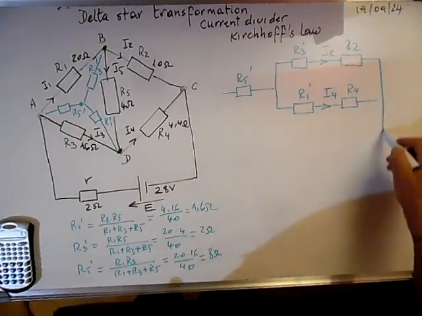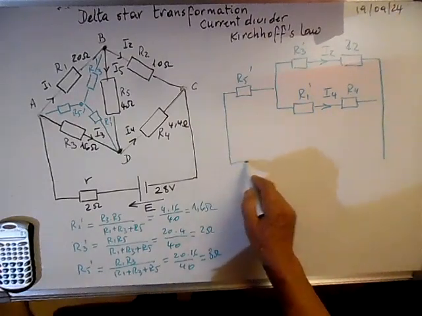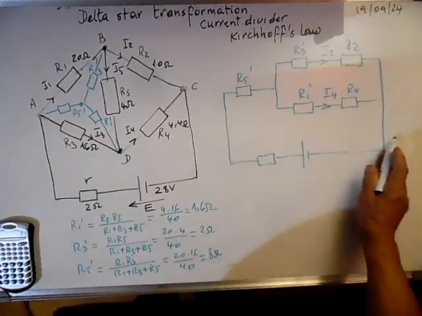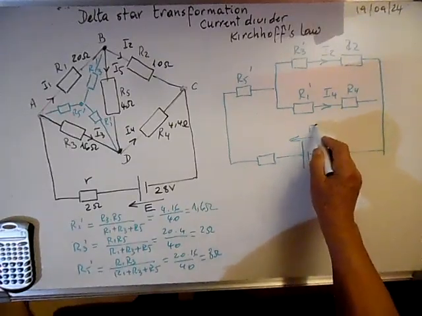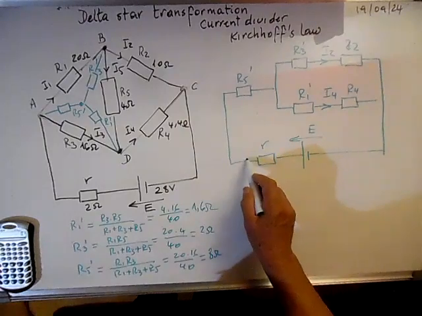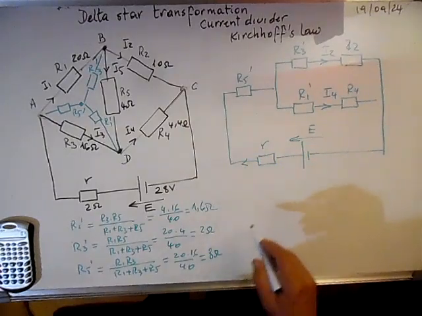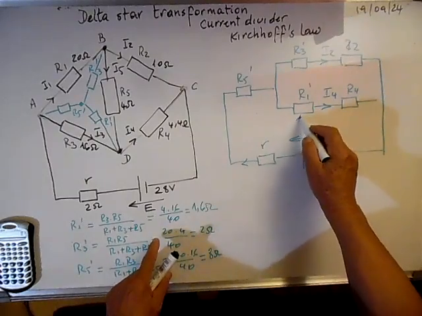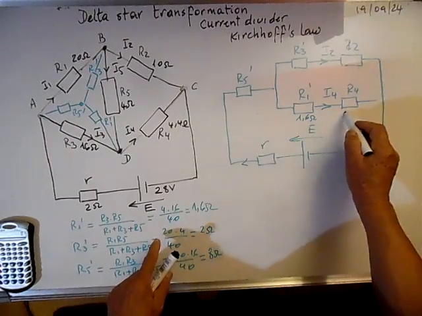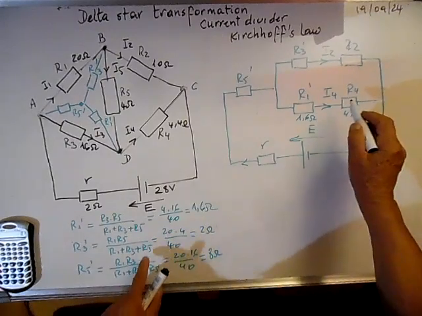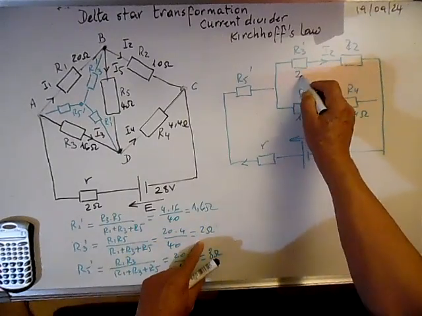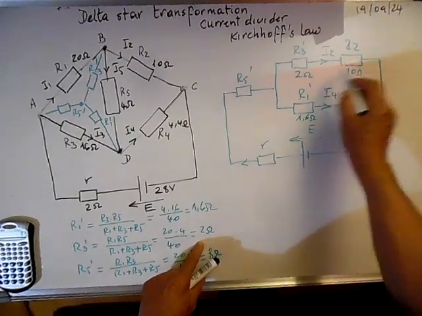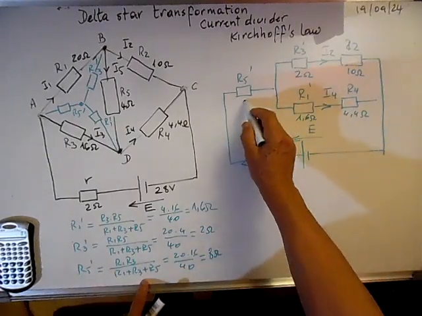So we can already calculate the equivalent resistance, and we can calculate the main current. So let's put the values. R1 prime is 1.6 ohms, here it's 4.4 ohms, R3 prime is 2 ohms, and here 10 ohms, and R5 prime is 8 ohms.